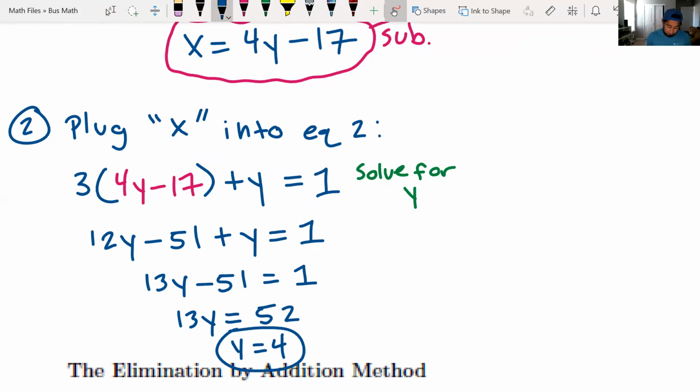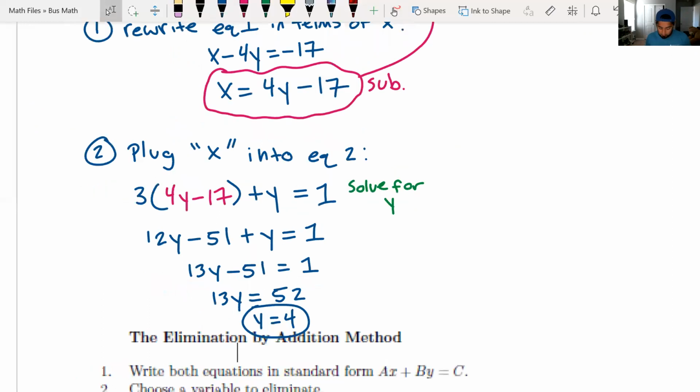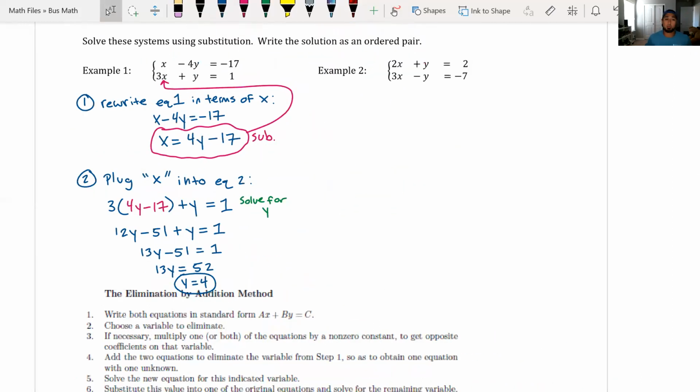Okay. I should have written smaller. Oh well, I still got room. Okay. So now we have y, but we still need to solve for x. So what you do to solve for x now is you take the value of y, which is 4, and plug it into the substitution we made for x.